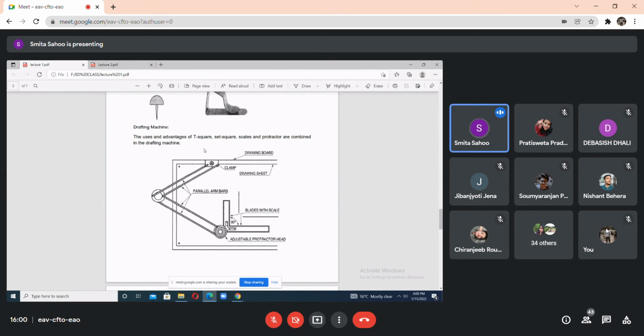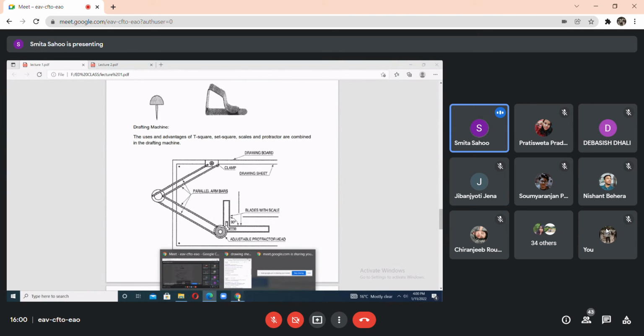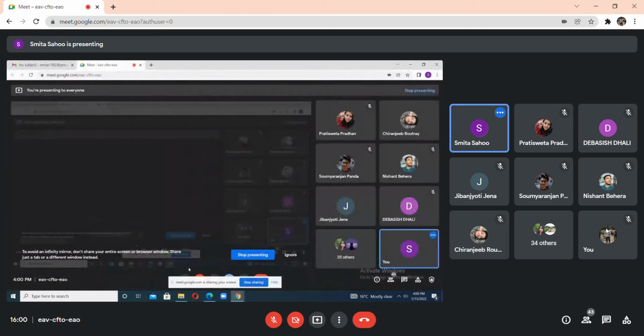The paper is aligned along with the drawing board, and the orientation of the drafter is set according to the paper, so that the horizontal scale and vertical scale are in orientation with the paper.